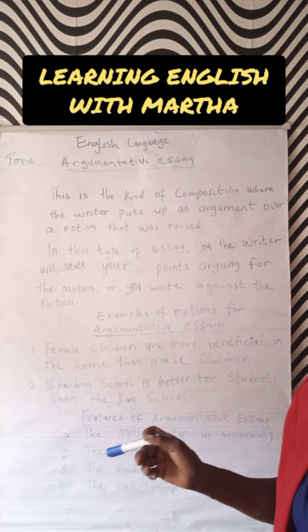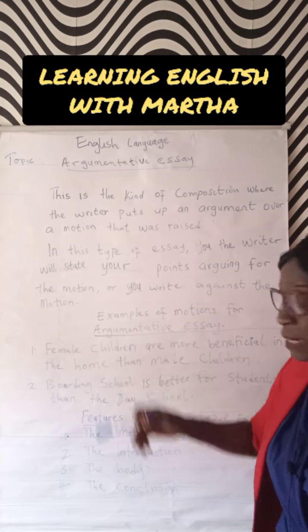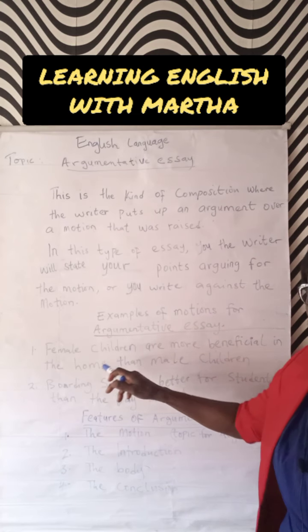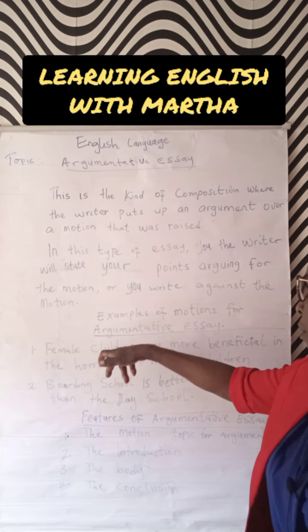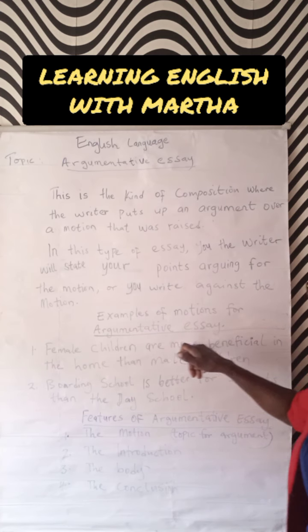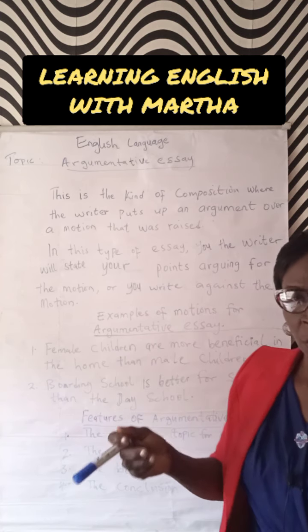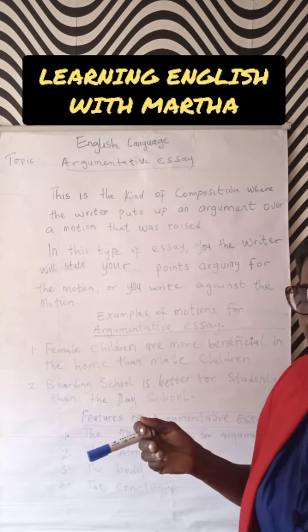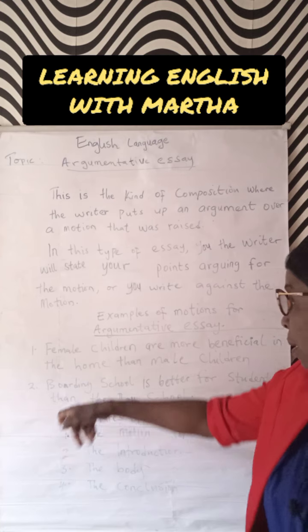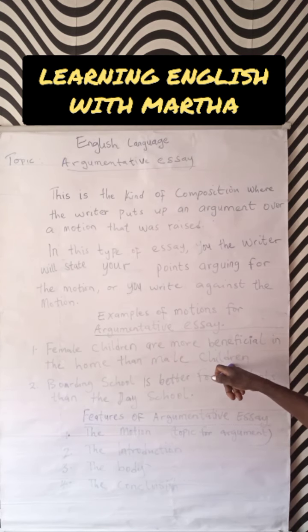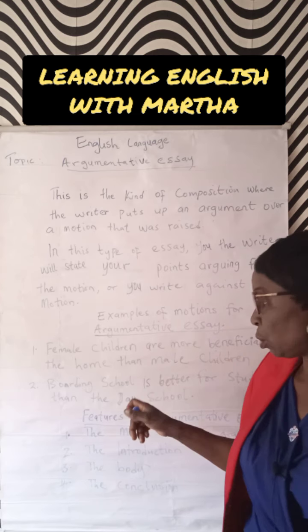That's argumentative essay for you. You are expected to bring up your points which show that female children are more beneficial in a home than the male children, or your points which show us that male children are more beneficial in a home than the female children.